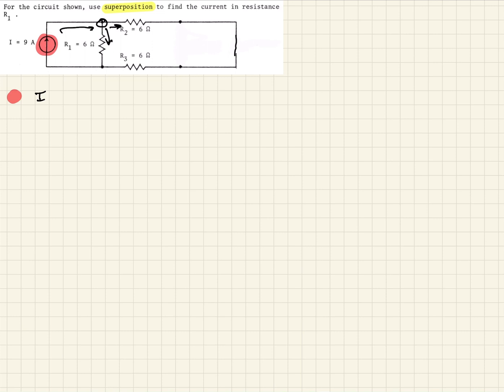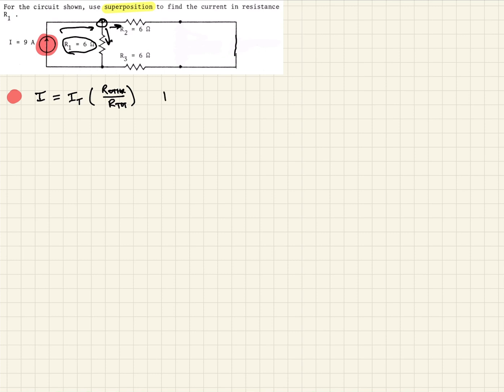We know that I is going to be equal to I_T, which is the total, times R_other, for the other resistor or branch that we're not interested in, over R_other plus R_total of the current divider. In this case, we're solving for the current through this resistor here.